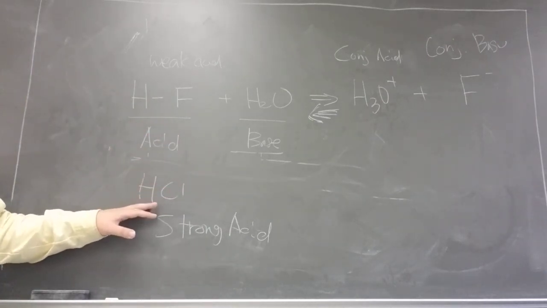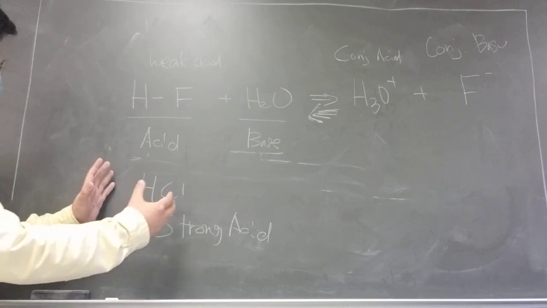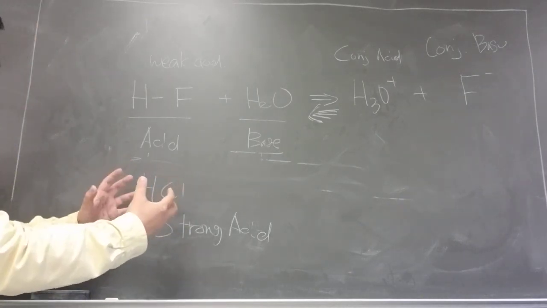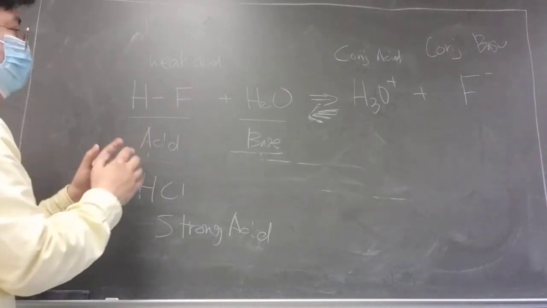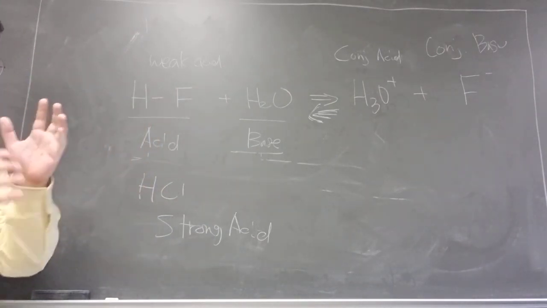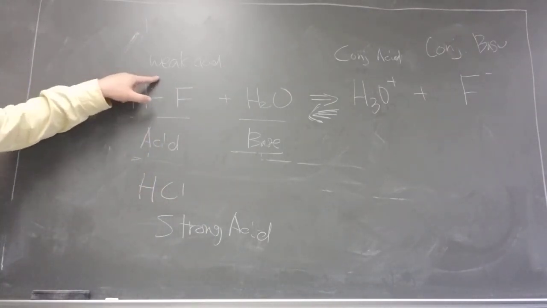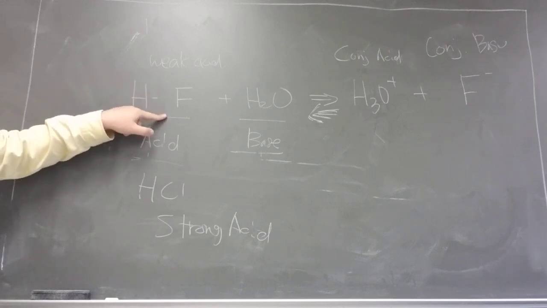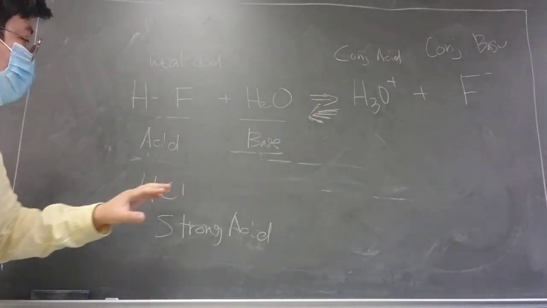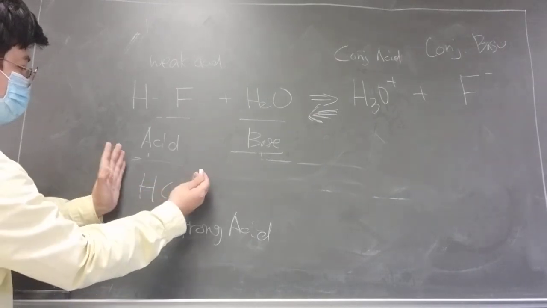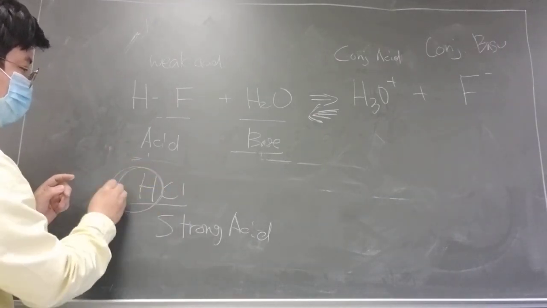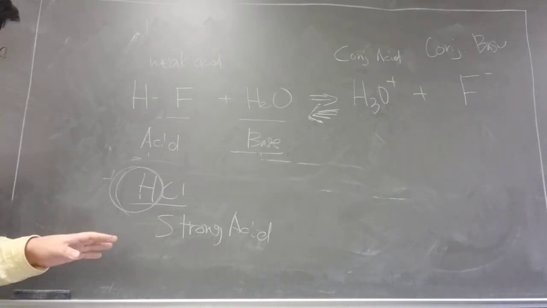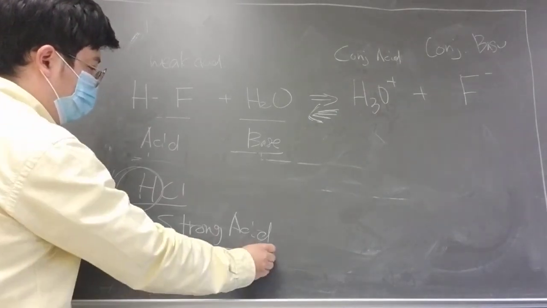So this is a strong acid and this is a weak acid because of the strength of the interaction between these two parts of the compound. If these two are strongly bound to each other, they're not going to release the proton under certain conditions. But if the interaction is very weak, they are going to release a lot of protons, which makes it a strong acid.